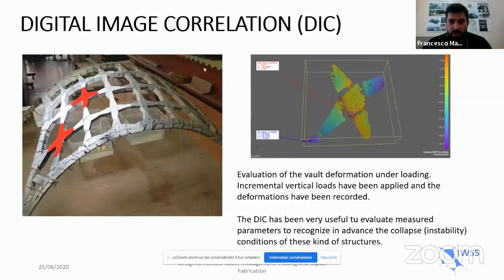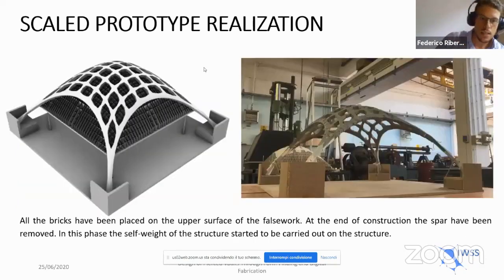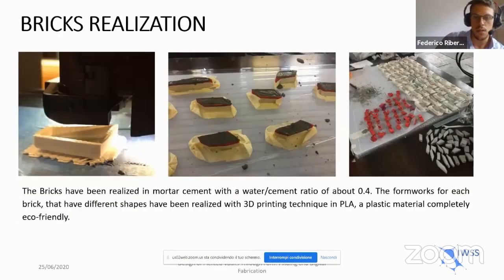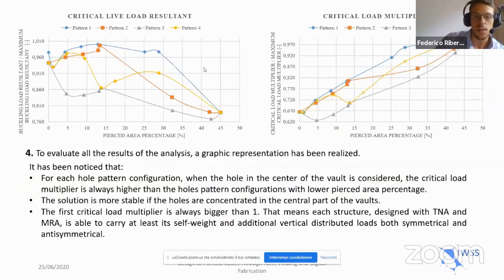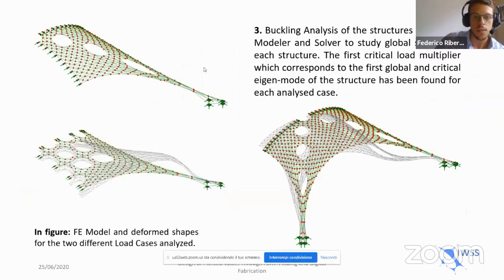In the FE analysis, we did both symmetrical and anti-symmetrical analysis to verify the structures. It has been designed only for vertical loads, and the geometry of each structure we analyzed is designed on vertical loads.